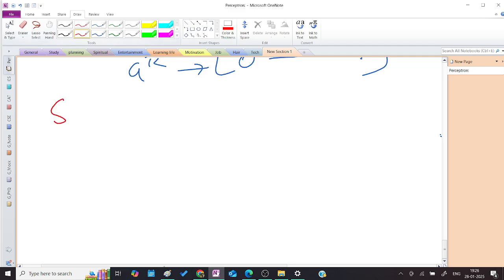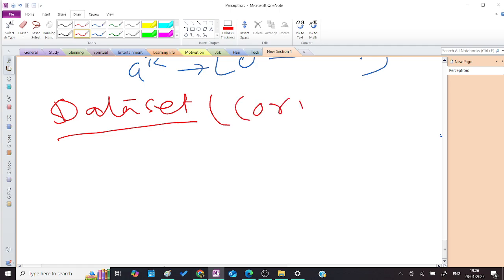Let's speak something about the data set, which we also call corpora. There are actually three types of data sets.